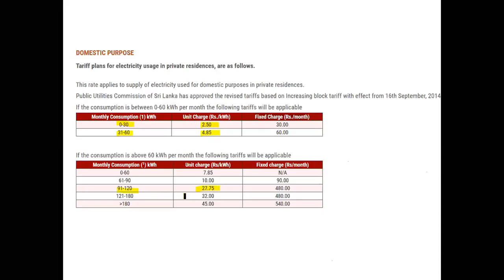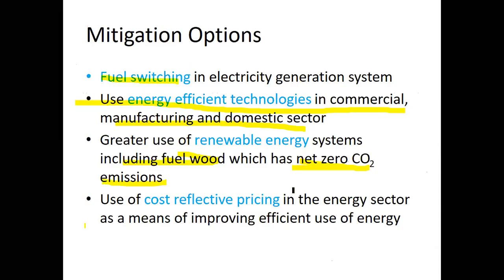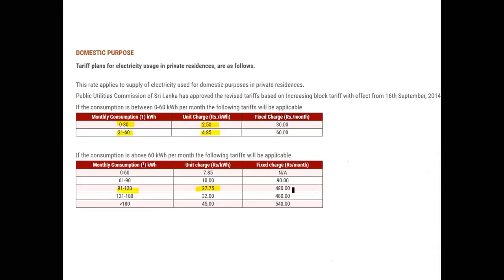That means the charges increase rapidly. So what is this? It is called cost reflective pricing. Because of this tariff system, our people are demotivated to use a higher amount of energy.